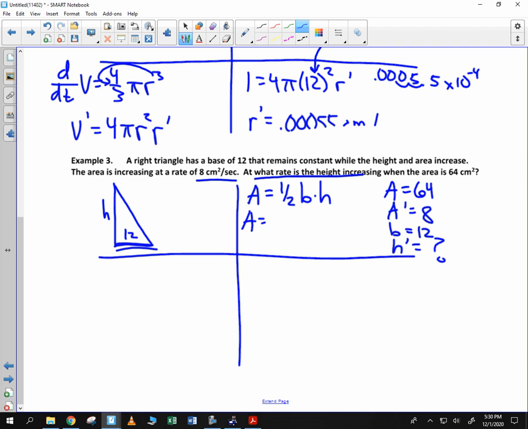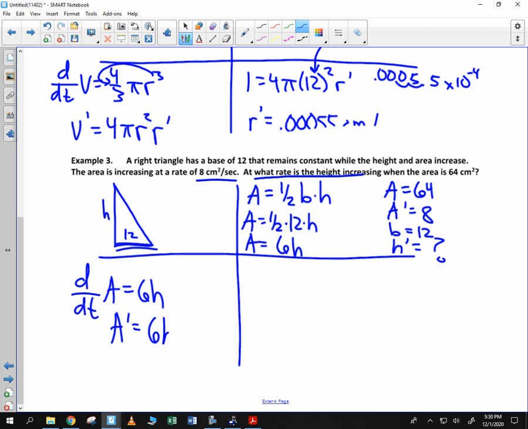So the area is equal to 1/2 times 12 times h times h, or area is equal to 6h. Well, now let's take that derivative. The derivative with respect to time of A equals 6h is A prime is equal to 6h prime.